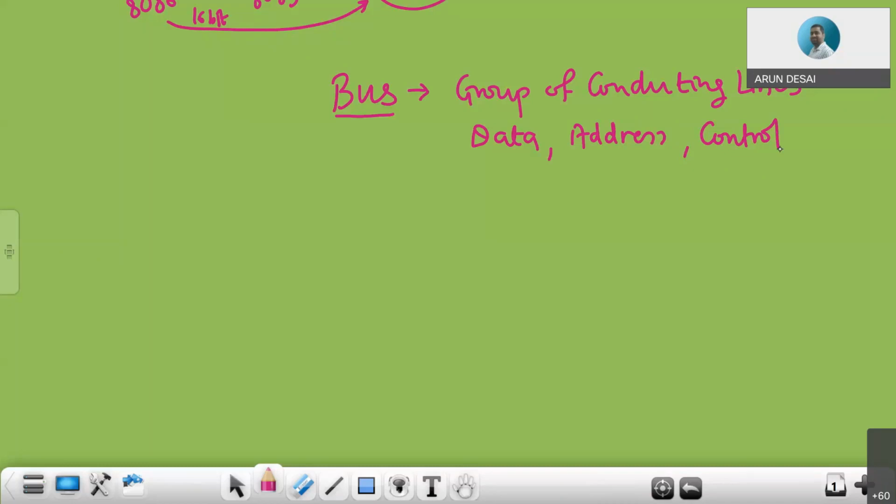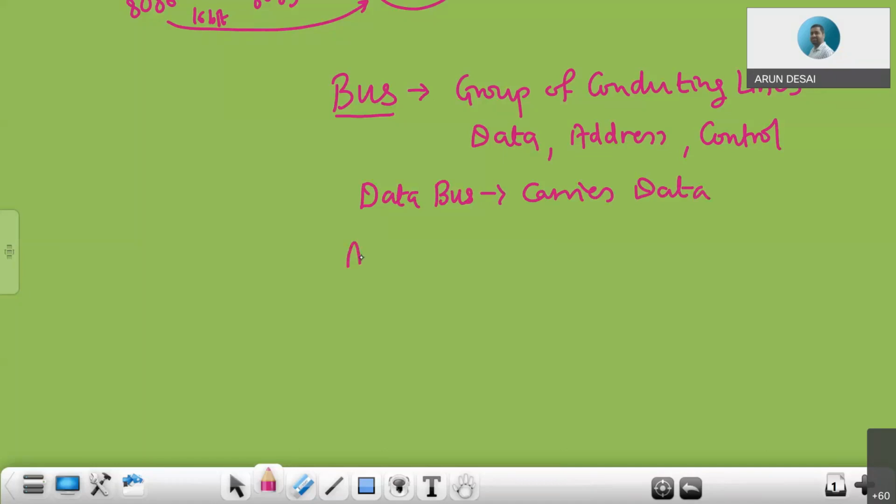Now their names depend on what they carry, right? If my bus carries data, then that bus is called a data bus.